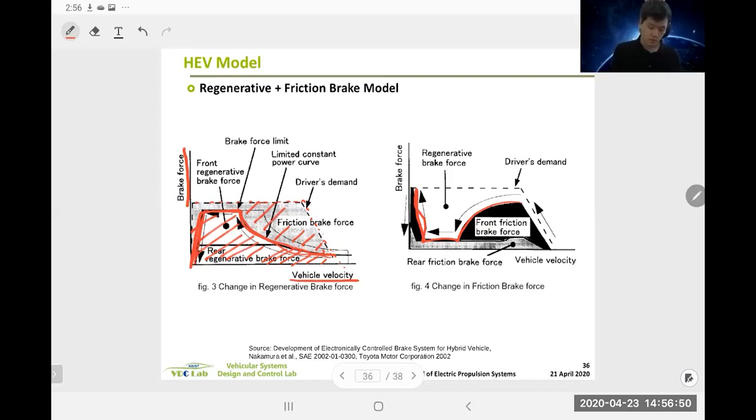When the driver asks for more braking force than what the motor can provide, then friction brake has to come in and fill that gap. So this is how much friction brake will provide, and this is how much the motor will provide at this vehicle speed. But as vehicle speed drops, the motor can provide more torque and friction brake can be reduced.